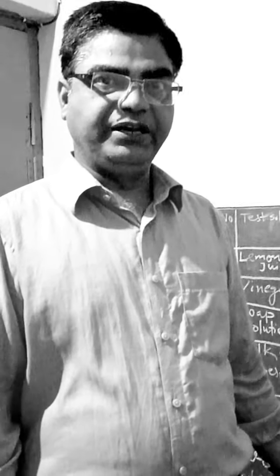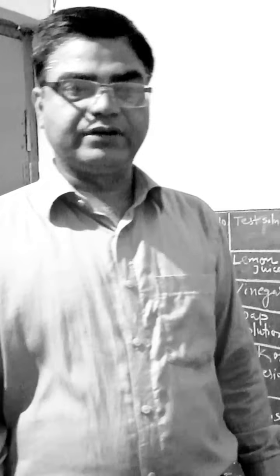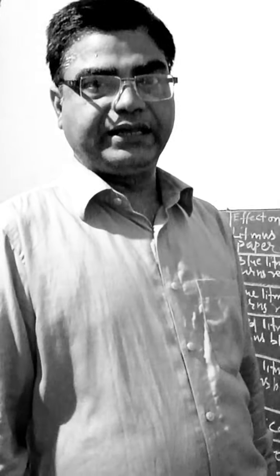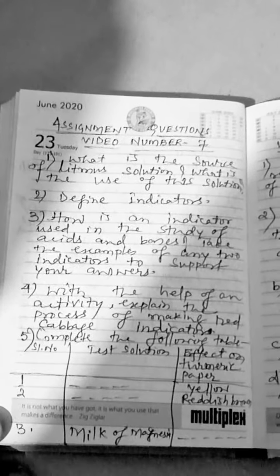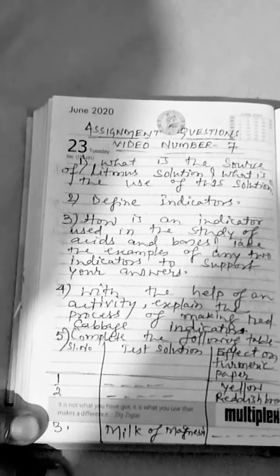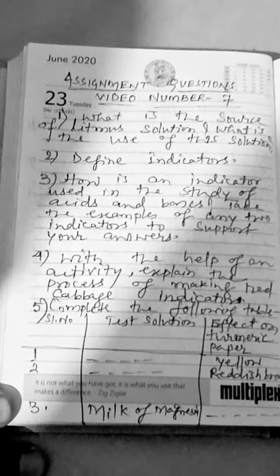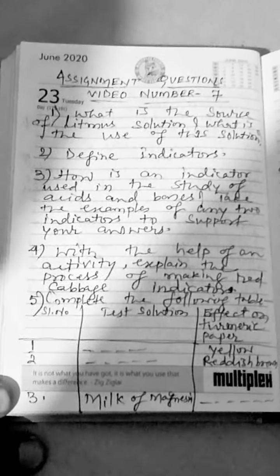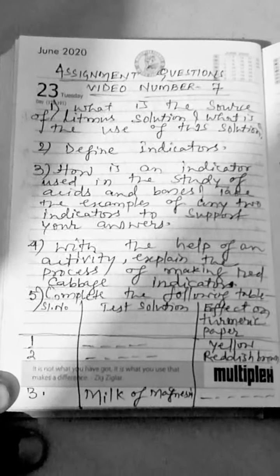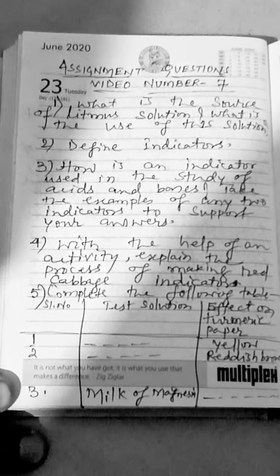For this video number 7, here are some questions for recapitulation. Question 1: What is the source of litmus solution? What is the use of this solution? Question 2: Define indicators. Question 3: How is an indicator used in the study of acids and bases?